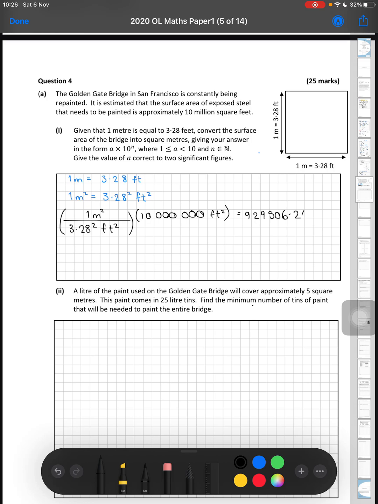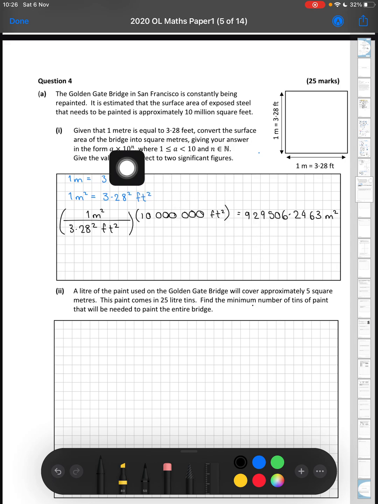When we put that into our calculator, we get 929,506.2463. So now we have our answer. That's how much it is in meters squared, or square meters.